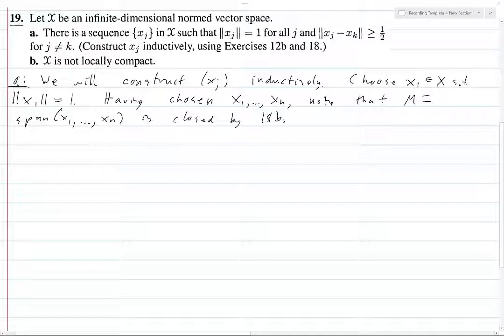Go watch that video if you need to clear that up. M is proper, and that's because M is finite dimensional and X is infinite dimensional. So there is some y which is in X but not M.